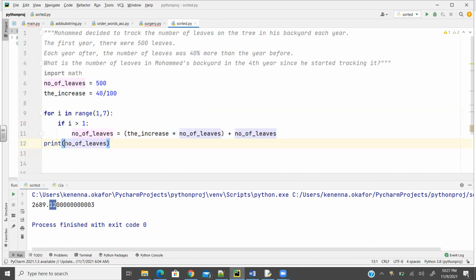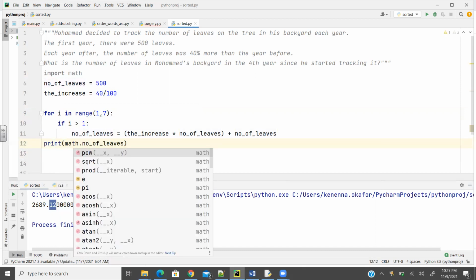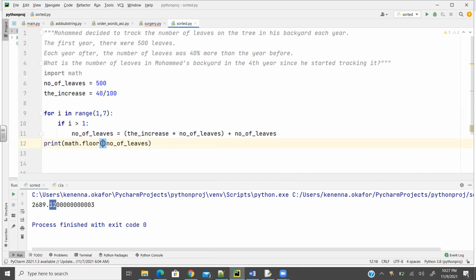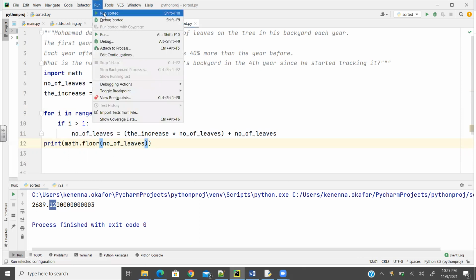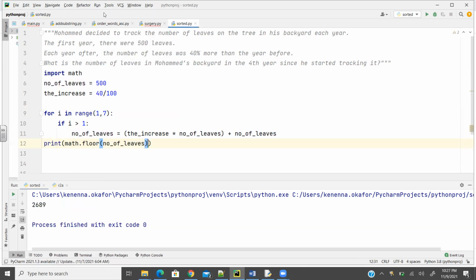Then I'll come here and just say math.floor. That is round it down. And let's see. So that's 2689 number of leaves. I hope you understand, guys.